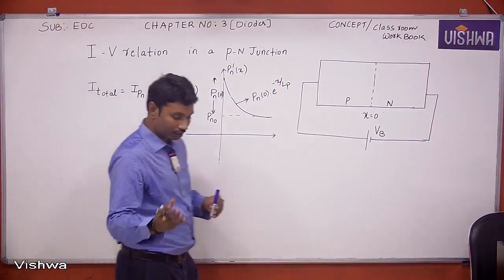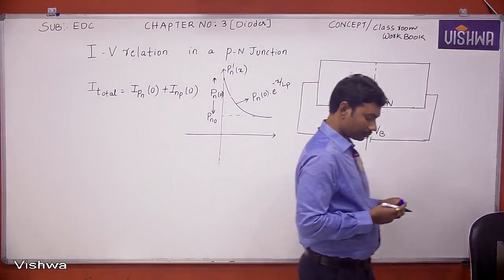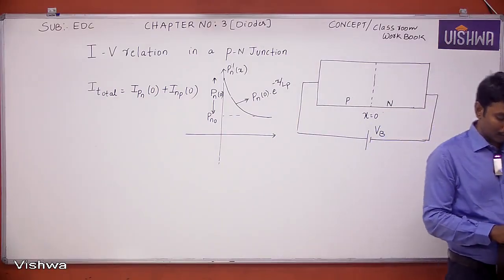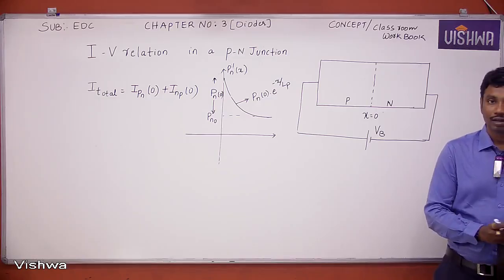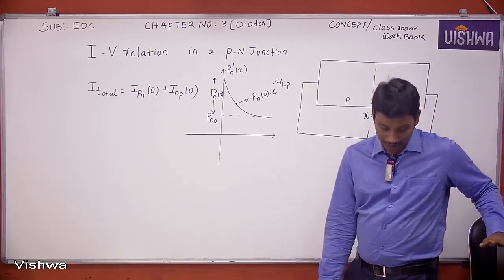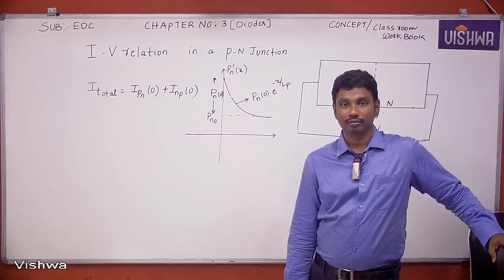First write down. Consider PN junction is in forward bias.